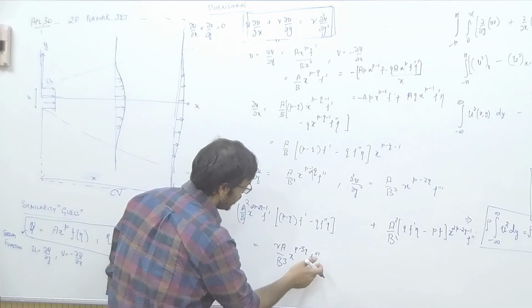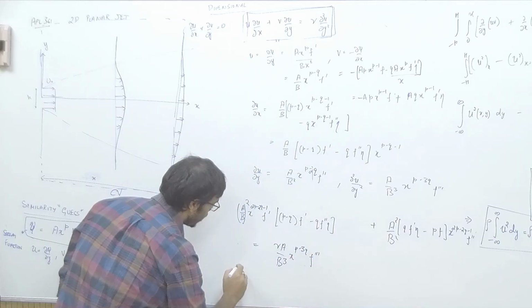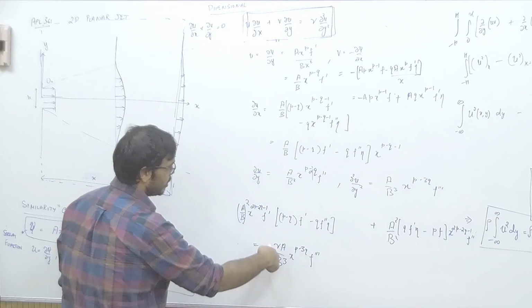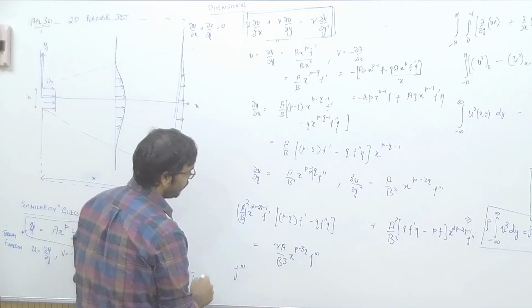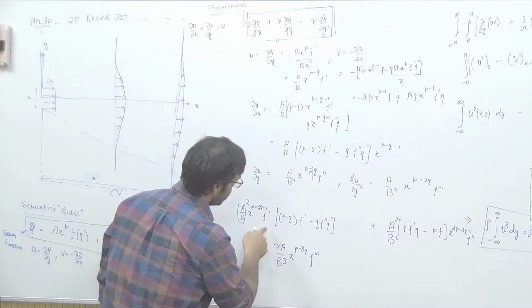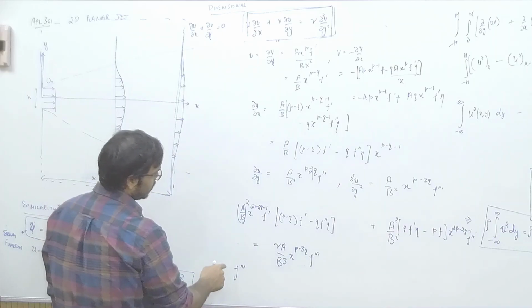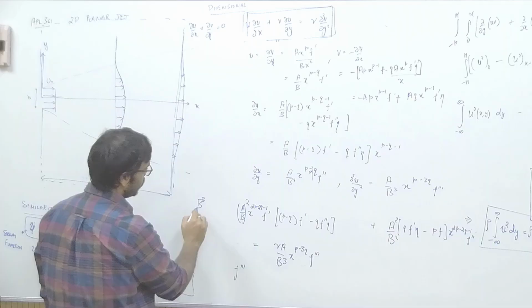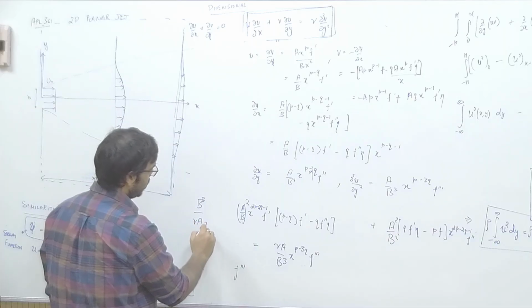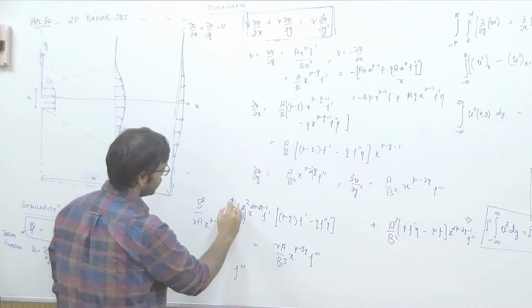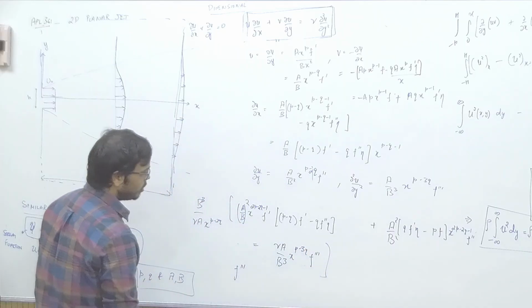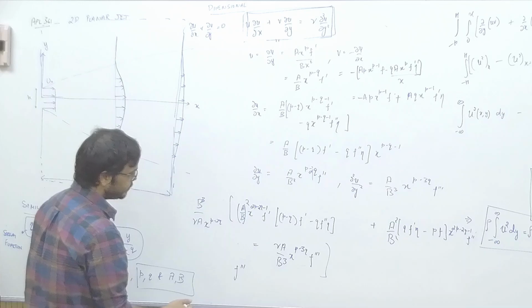So let's try to make the coefficient of f triple prime as 1. So let's divide everything by this quantity. So we have f triple prime. What do we have here? Multiply this thing with b cube by nu a x to the power p minus 3q. That's what we are doing. So what do we get for the first term?